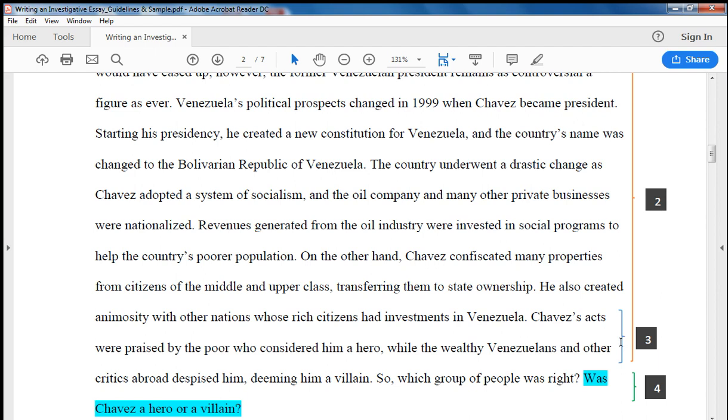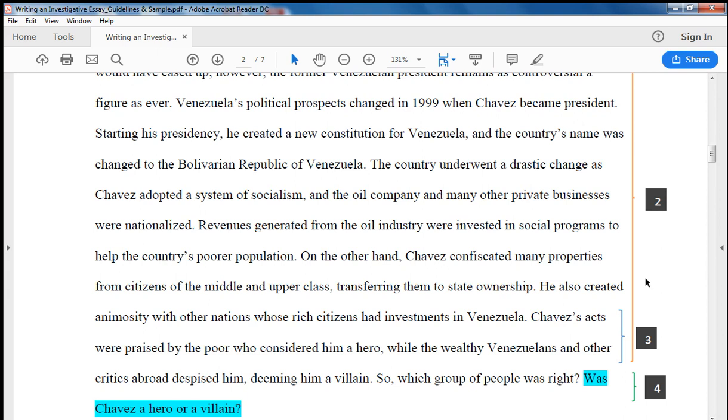So we get a clear sense that we have two main groups of people involved in this debate, those poor citizens in Venezuela who benefited from his new socialist regime, and those on the other end of the spectrum, the rich Venezuelans and others who criticized his policies, right? And so again, in setting up your essay, you definitely want to clearly indicate the two main sides of the debate.